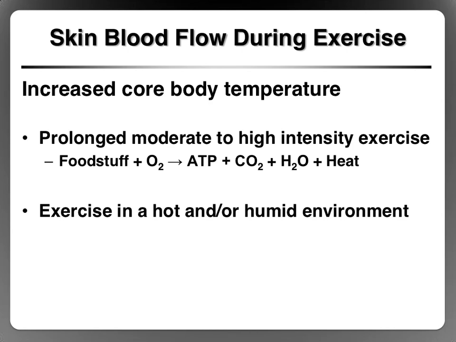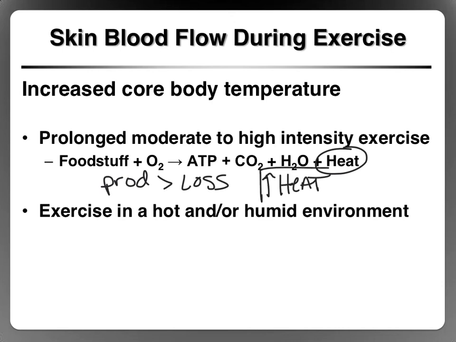So during exercise, your body generates heat. Okay, we've already talked about that. And if you exercise for a long time, heat production eventually exceeds heat loss. And so heat is going to accumulate, and your body temperature is going to go up.